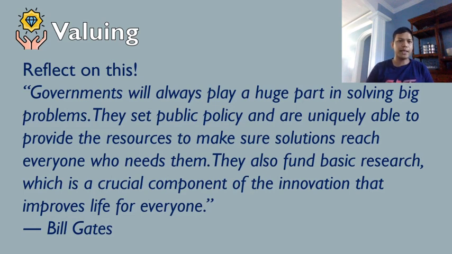They set public policy and are uniquely able to provide the resources to make sure solutions reach everyone who needs them. And they also fund basic research, which is a crucial component of the innovation that improves life for everyone. That is why we as instructors are also encouraged to do research. The purpose of research is to help the people.